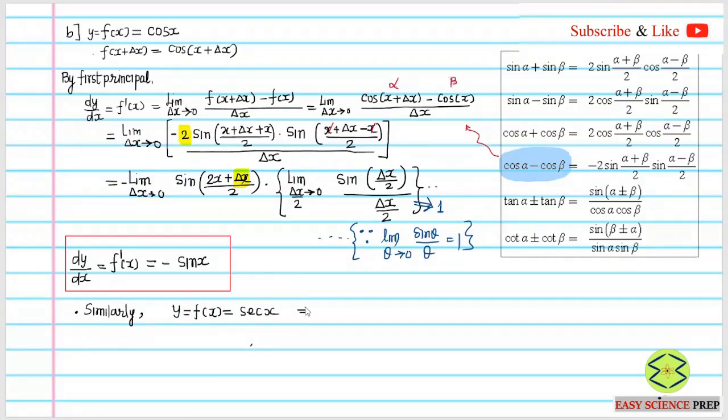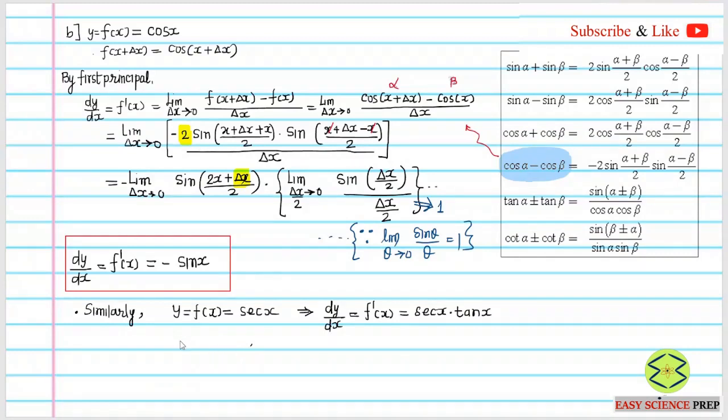Its derivative, if you follow a similar method, you will be getting sec of x into tan of x. If you can't do it, just put in a comment. I will again derive them and show you. Any difficulty there is, we can discuss.